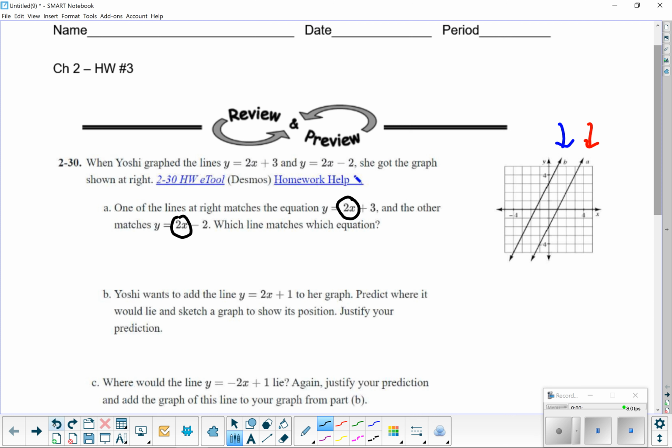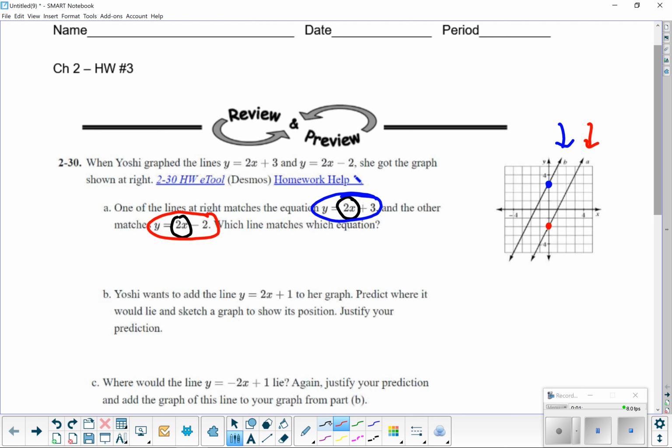The first one, y equals 2x plus 3, has a plus 3, so it's going to show up at the 1, 2, 3 right here, which is the blue one. So y equals 2x plus 3 is the blue one, and y equals 2x minus 2 is the one that crosses at minus 2 right here.